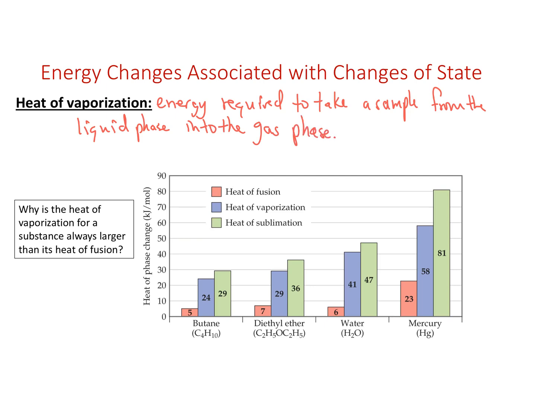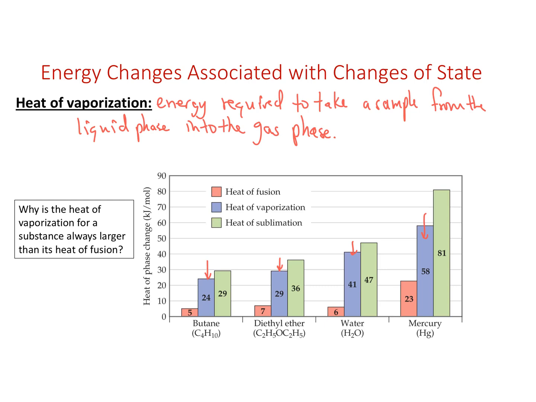And that's represented by the blue bar down here. And so we see here's the heat of vaporization for butane, 24 kilojoules per mole, diethyl ether, 29 kilojoules per mole, water, 41 kilojoules per mole, and mercury is 58 kilojoules per mole.